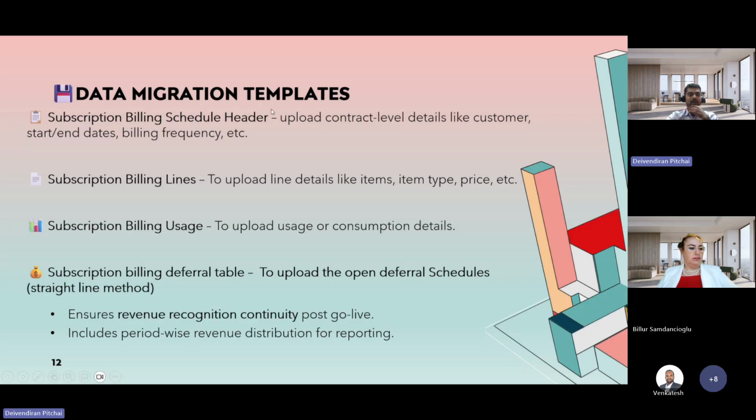That is where your subscription billing deferral table template will be used. By using that, you can simply migrate only the remaining amount in that particular deferral schedule. Based on that, the system will automatically create the deferral schedule lines, and month on month from here itself, you can run the revenue recognition process.